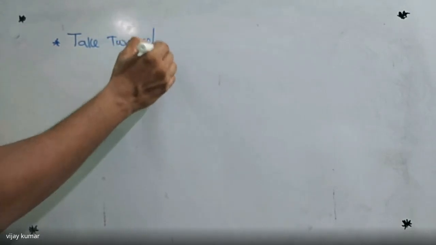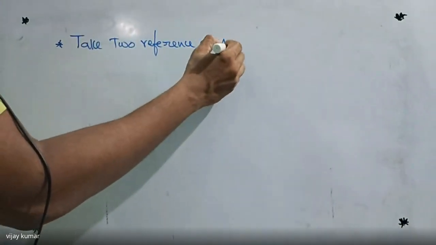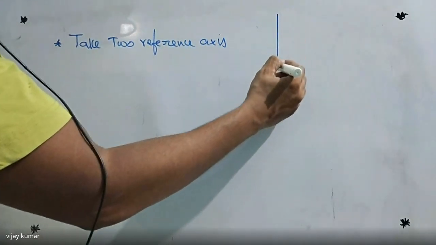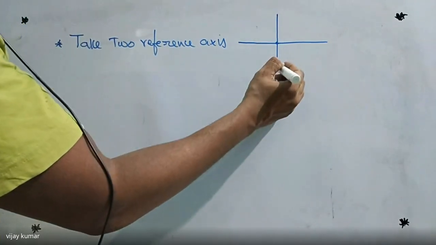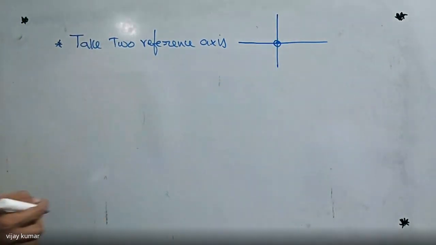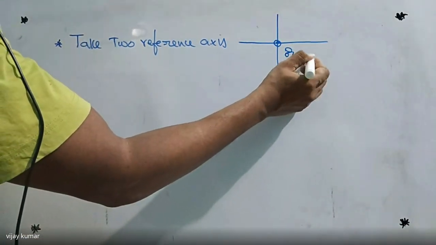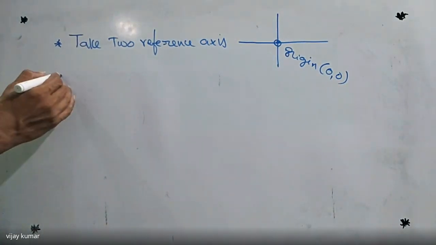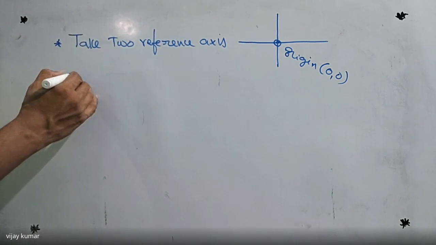This is the vertical axis, this is the horizontal axis. These two meet at one point, that is the origin, which is 0, comma 0. And the second one is the horizontal axis.